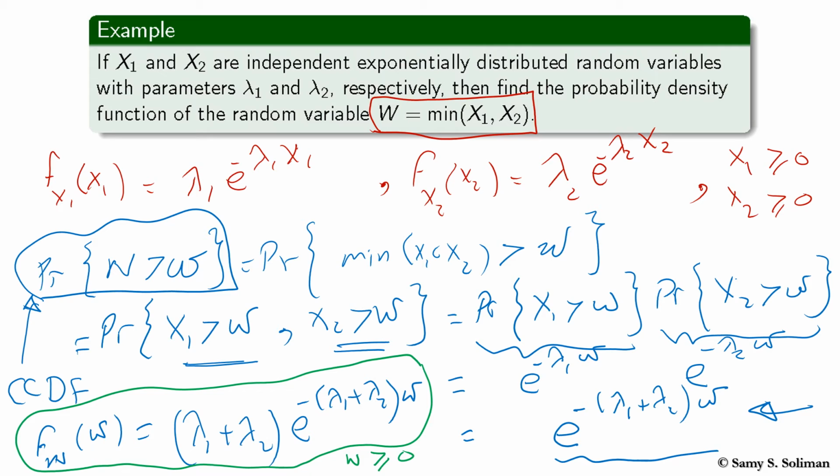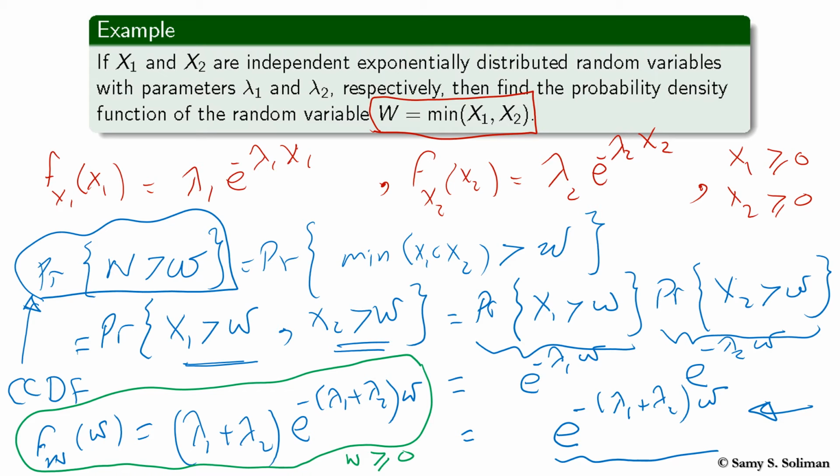So again, this is an example in which we can see that sometimes we might find the probability density function using our understanding of the problem. And this is very common in what we call order statistics, in which we find the probability of a new random variable defined as the minimum of a set of random variables or the maximum of a set of random variables. What we can conclude also here is that the new random variable W is also an exponential random variable.